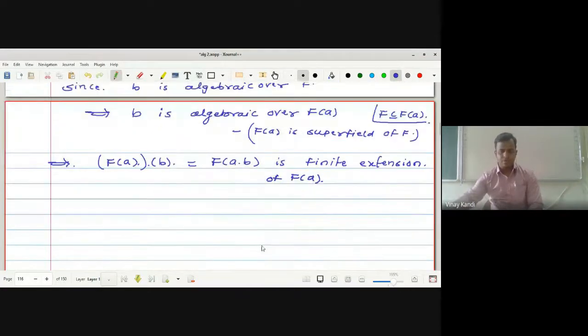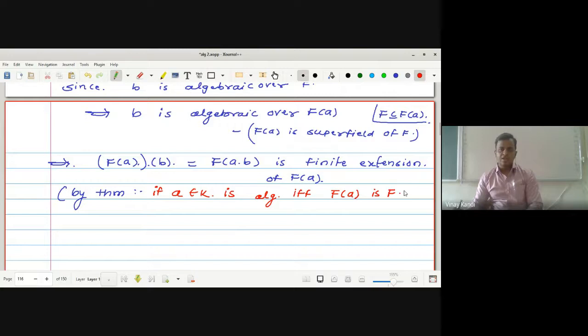The previous theorem: if a belongs to K, it's algebraic if and only if F(a) is a finite extension of F.